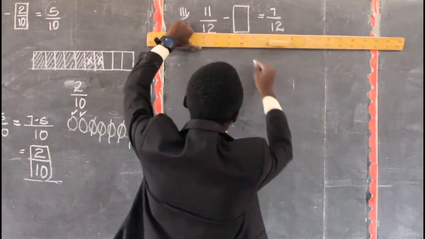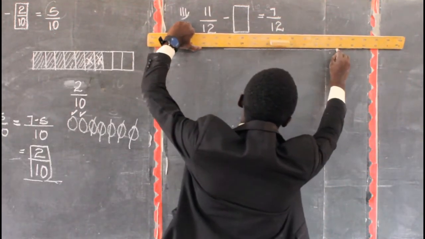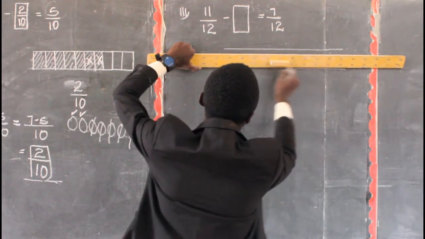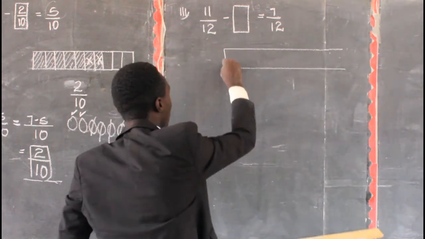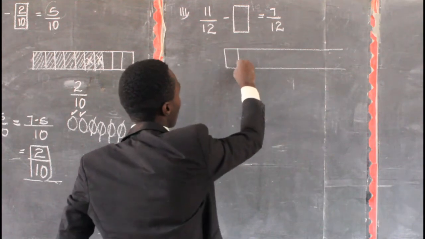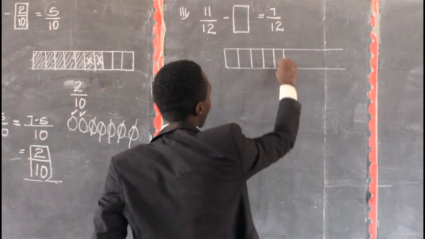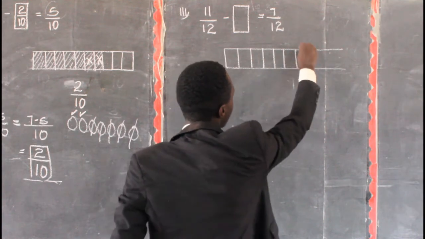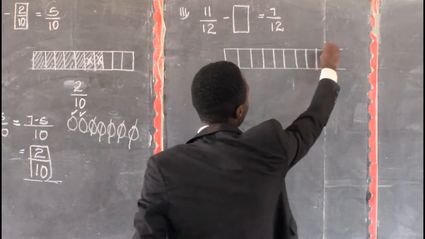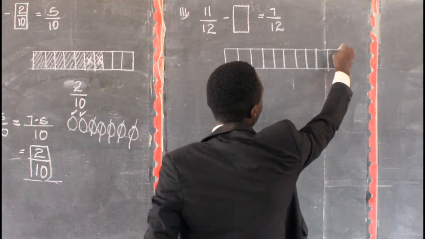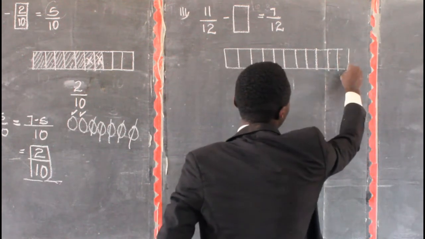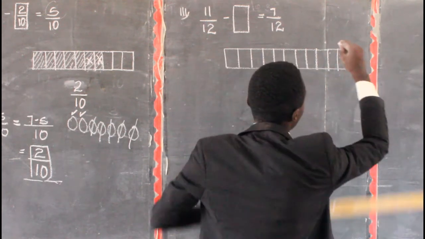Our Dale method of calculating it is by first getting 12 parts. 1, 2, 3, 4, 5, 6, 7, 8, 9, 10, 11, 12.